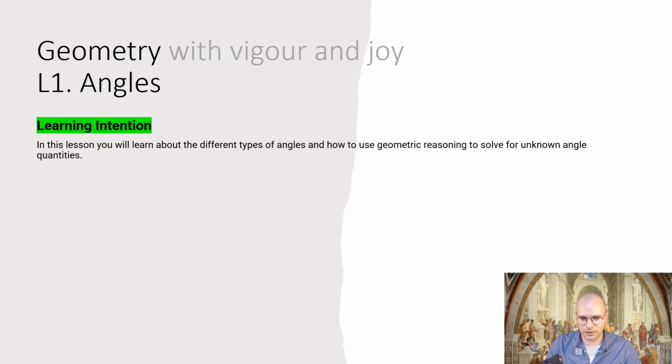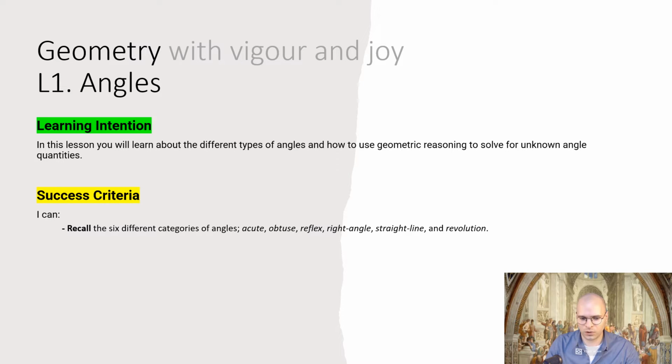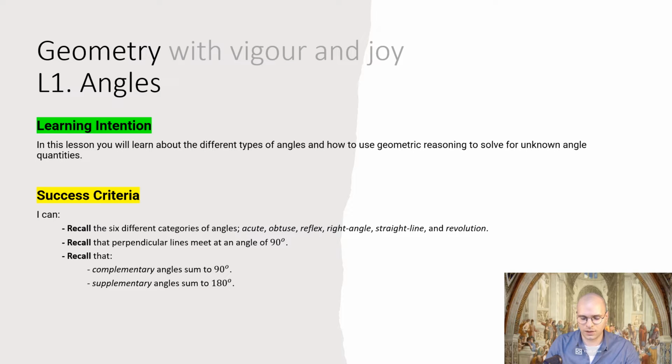unknown angle quantities. By the end of this lesson, you'll be able to recall the 6 different categories for angles. You'll be able to recall that perpendicular lines meet at 90-degree angles. You'll be able to recall complementary angles sum to 90 degrees, supplementary angles sum to 180 degrees, angles around the point sum to 360 degrees.